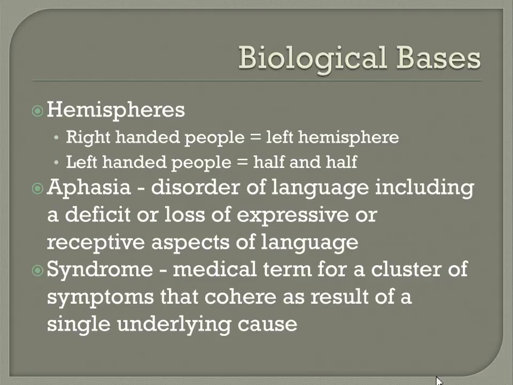So aphasias are specifically dealing with sending and receiving of language, where with a syndrome there are different things that can happen, such as we could have problems understanding language, but also problems naming things. And it's a cluster of things that tend to have an underlying biological cause.